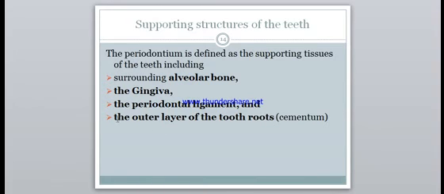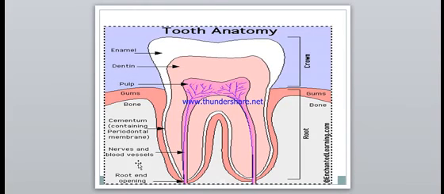These are the supporting structures of teeth. Here is the cementum of the teeth. Here is the gum and bone.